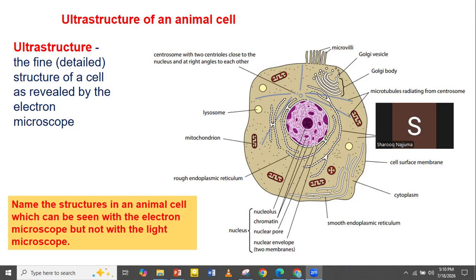We should be able to identify structures that can be seen with an electron microscope, but can never be seen with a light microscope. So let's compare an animal cell as seen under a light microscope and an animal cell as seen under an electron microscope and see the difference.